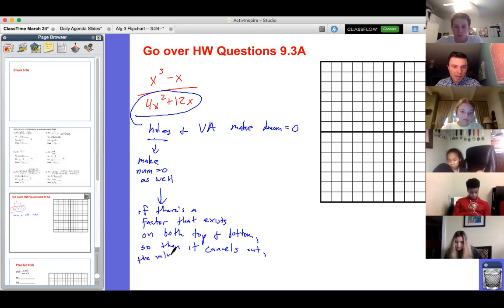The value of x that makes that 0 is the hole.